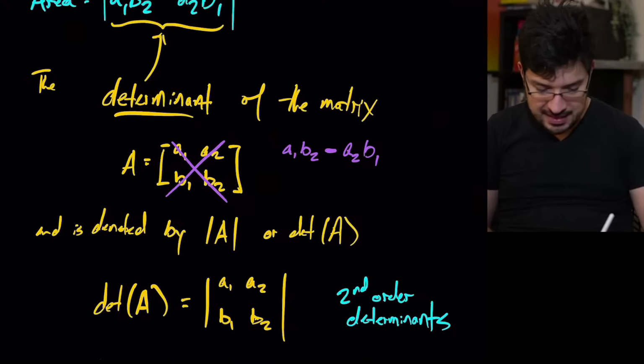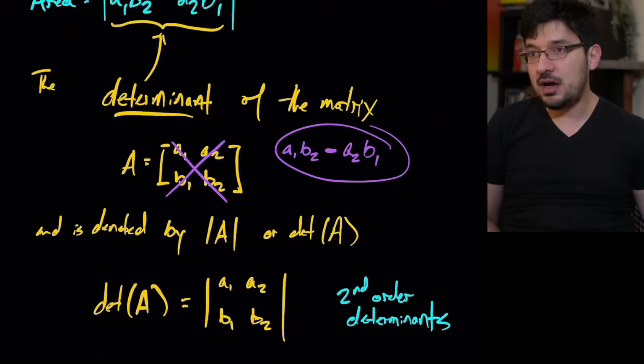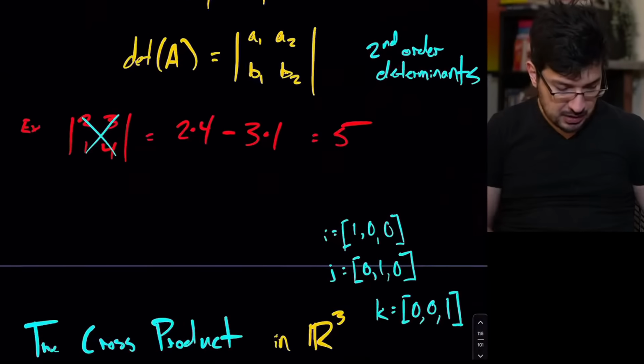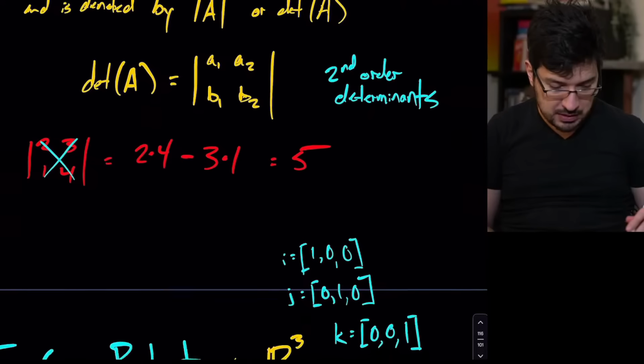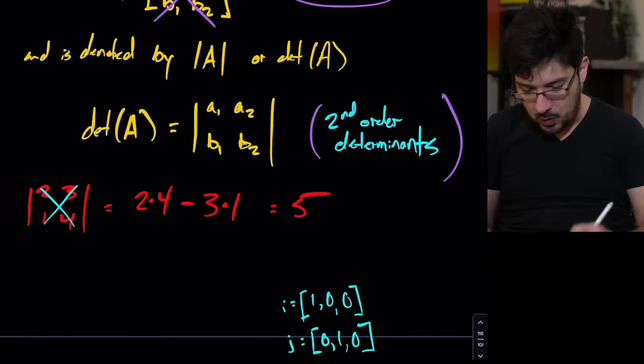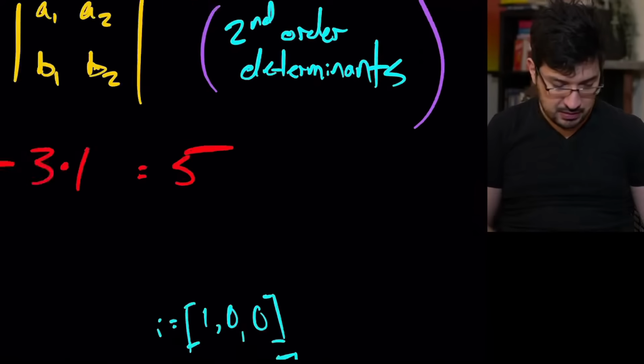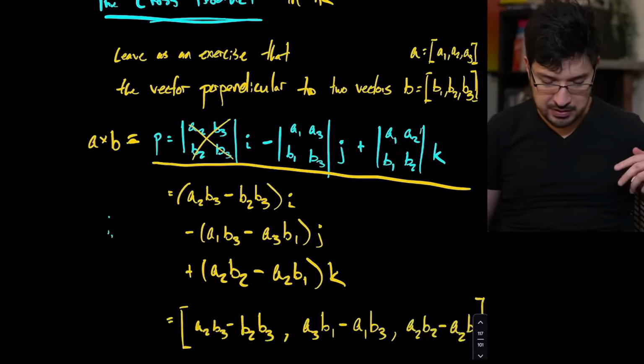Okay? This is the determinant of a 2x2 matrix. So this is a second order determinant, a determinant of a 2x2 matrix.